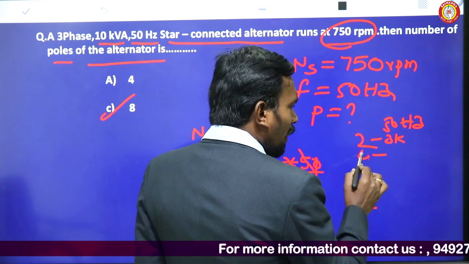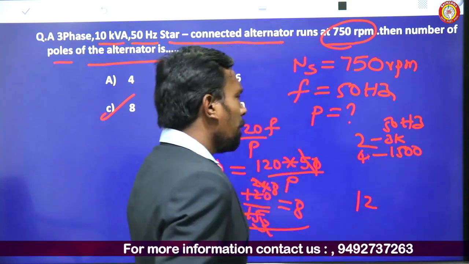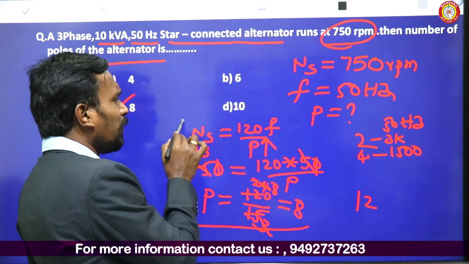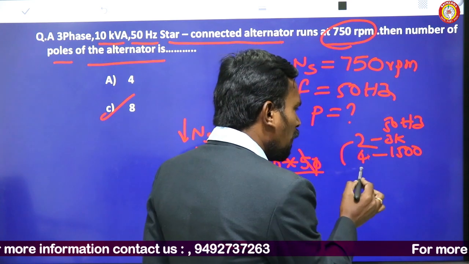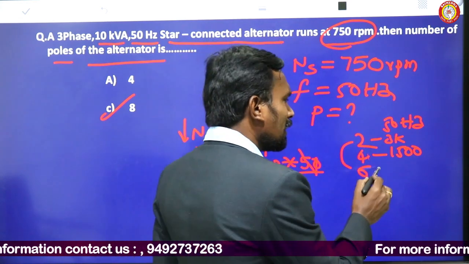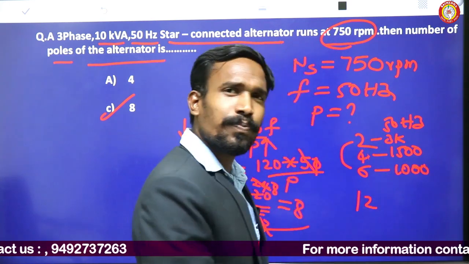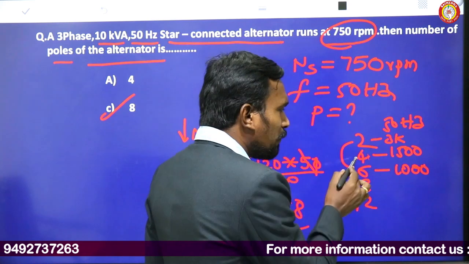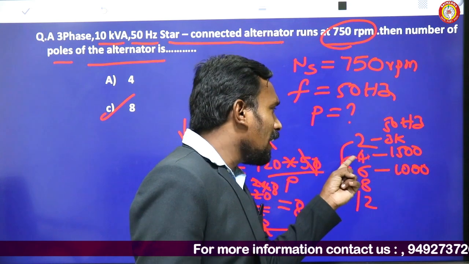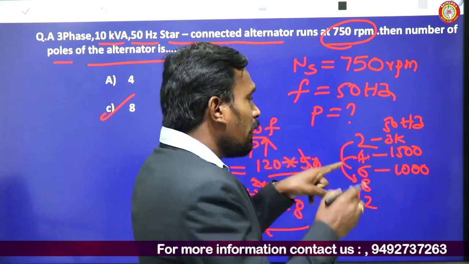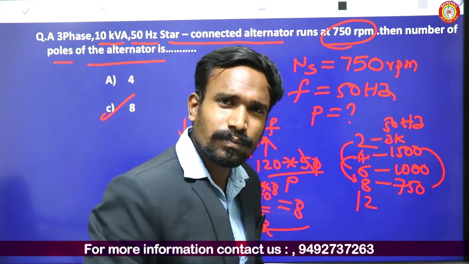For 4 poles, if the number of poles doubles, the speed reduces to half, so 1500. If the number of poles increases by 3 times, the speed should reduce by 3 times, so the speed is 1000 RPM. For 8 poles, compared to 4 poles at 1500, the poles are doubled, so the speed should be 750 RPM.